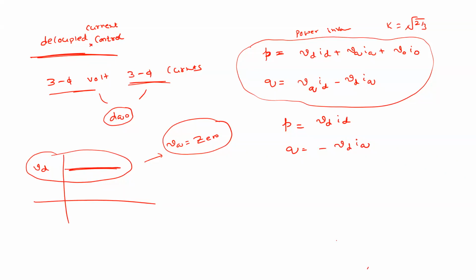This all depends on the current direction, which changes things here. So this will be VD into ID minus VQ into ID.